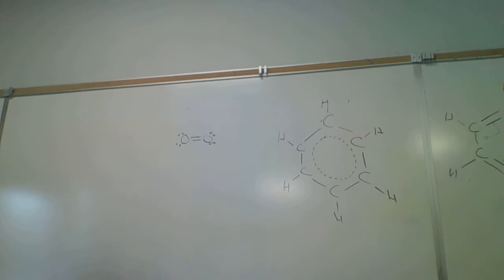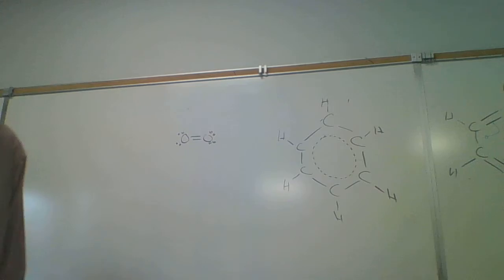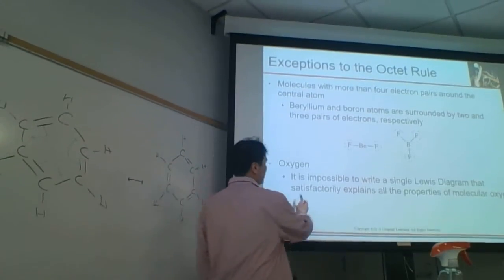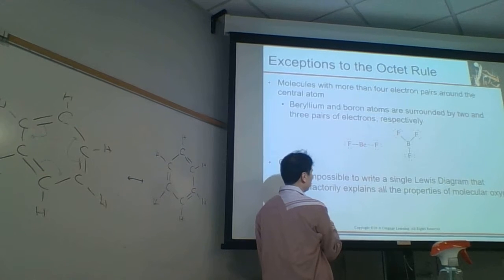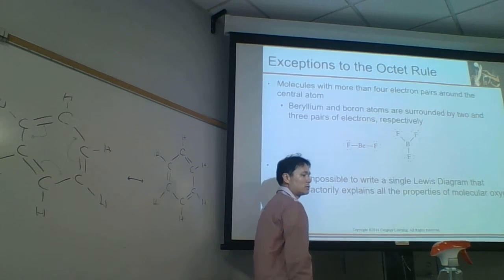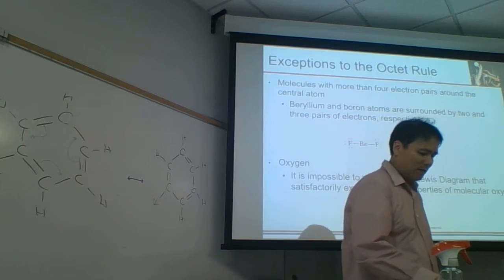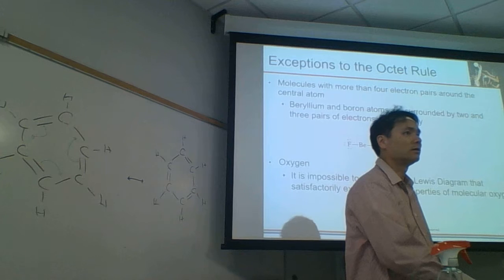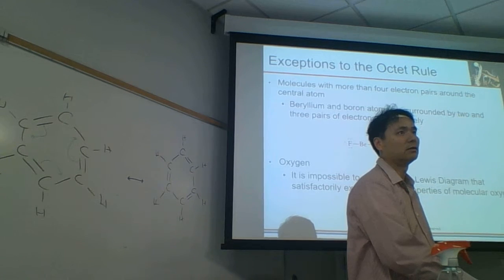This must be accurate, correct? It turns out no, it's not, because they throw this at you. They say it is impossible to write a single Lewis diagram that satisfactorily explains all the properties of molecular oxygen. And so what does that mean? That means the Lewis structures are not predicting the correct properties.